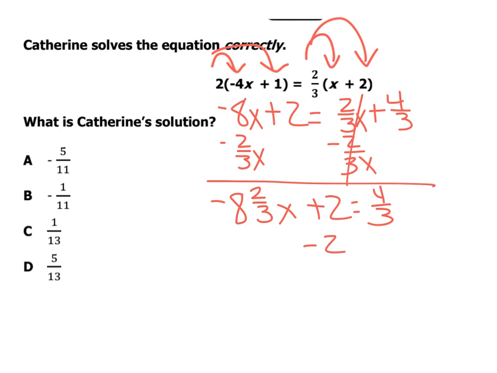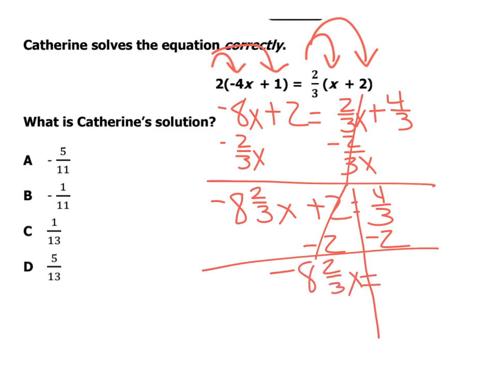And then I'm going to subtract 2 from both sides. And this becomes negative 8 and 2/3 x equals, and you get negative 2/3 here. Okay, so this looks very messy, very complicated, but it's not.